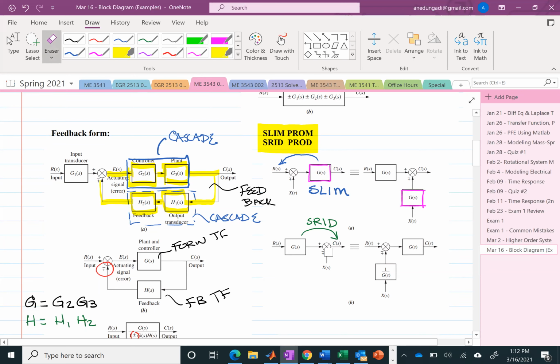Any input to the summation block over which I moved my transfer function gets divided by what I moved. So X is the input, X divided by G goes there. Is that clear to everyone? Any questions?